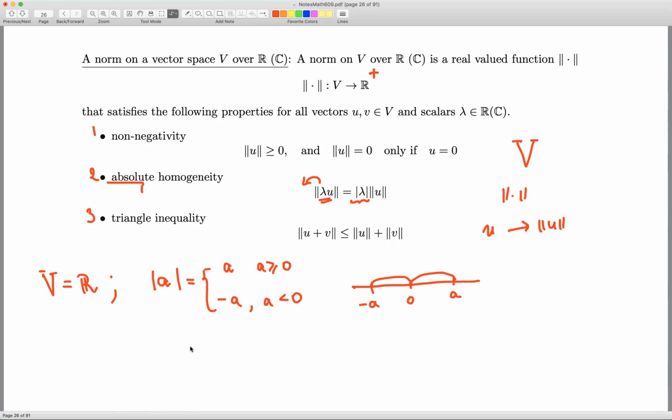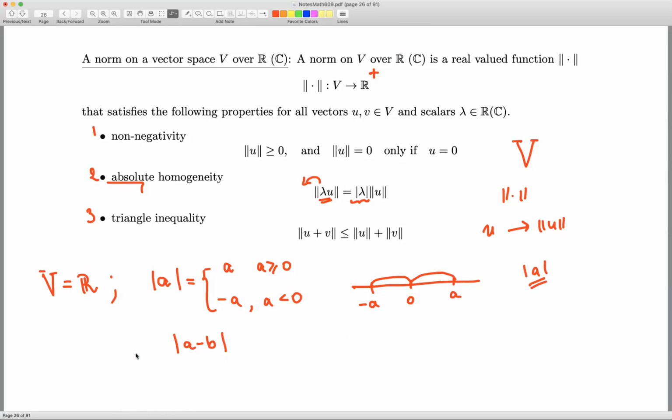Or if I have two numbers A and B, and I look at the absolute value of A minus B, that tells me how much is the difference between A and B, by how much those two numbers A and B are apart. So the absolute value of A tells me the magnitude of the real number A.